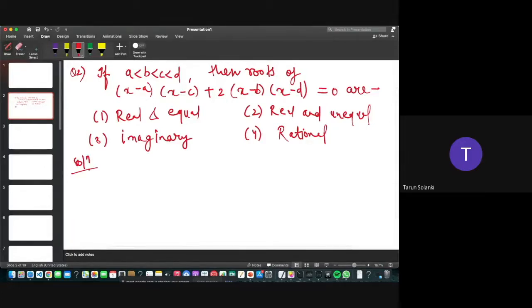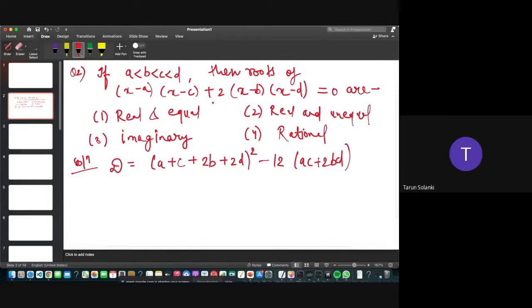Okay, so now we will solve. So the discriminant will be (A plus C plus 2B plus 2D) whole square, minus 12 times (AC plus 2BD), right?